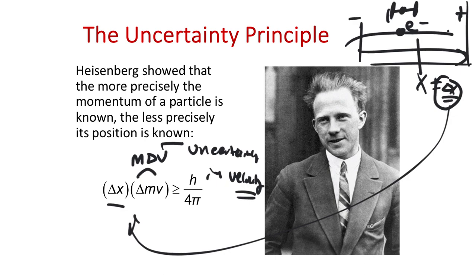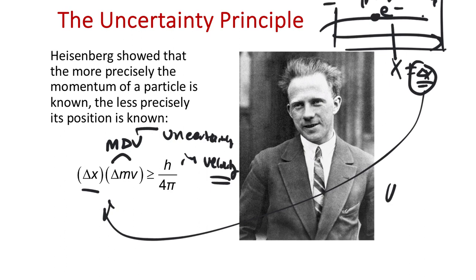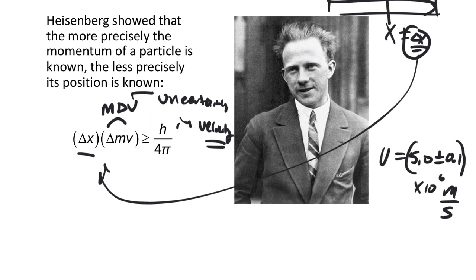So like if a particle, for example, has a velocity of 5.0 times 10 to the 6 meters per second, the uncertainty is the plus minus. Like let's say it's 0.1. If it's 5.0 plus or minus 0.1 times 10 to the 6 meters per second, the uncertainty is the 0.1. The uncertainty in velocity would be 0.1 times 10 to the 6 meters per second.